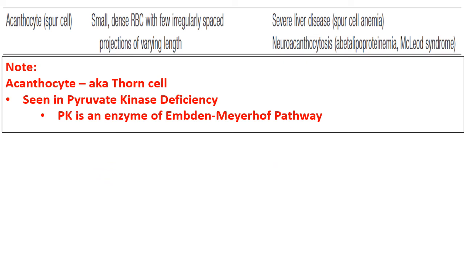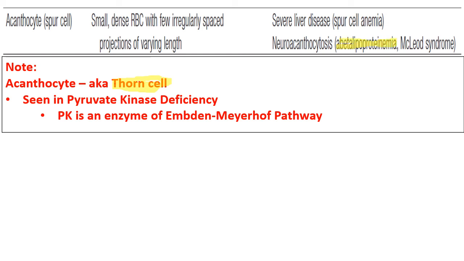So let's proceed with acanthocyte, or also known as spur cell, or in other books, thorn cell. Okay? Kamukha niya si burr cell or echinocyte. Mamaya pakita natin kung anong difference nila. And acanthocytes are commonly seen in severe liver diseases, abetalipoproteinemia, so paki-highlight yan, no?